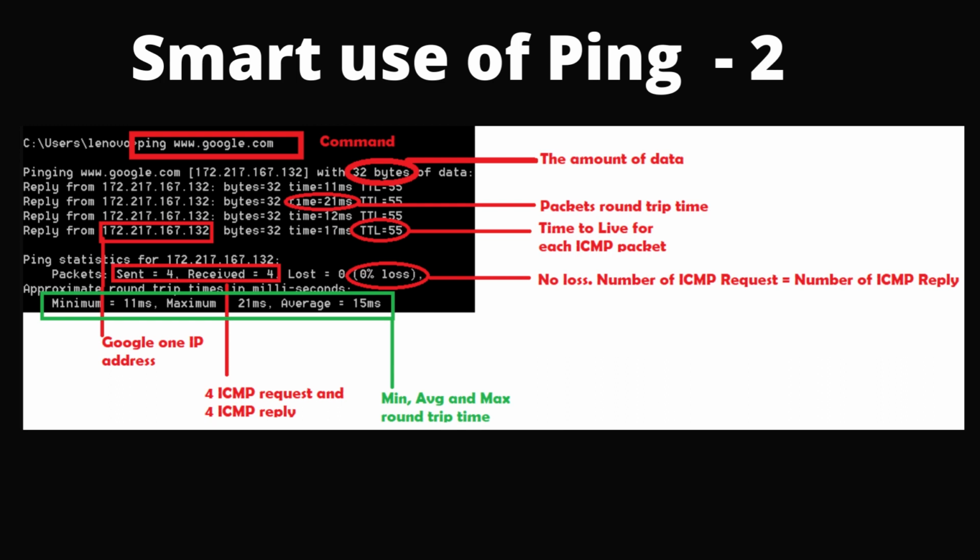Now there's a TTL. So TTL is basically time to live, right? Each ICMP packet comes with a particular TTL value. Now the TTL value is decided by the remote server or remote machine to whom you are pinging. Suppose you are pinging a router, a switch, or a machine.